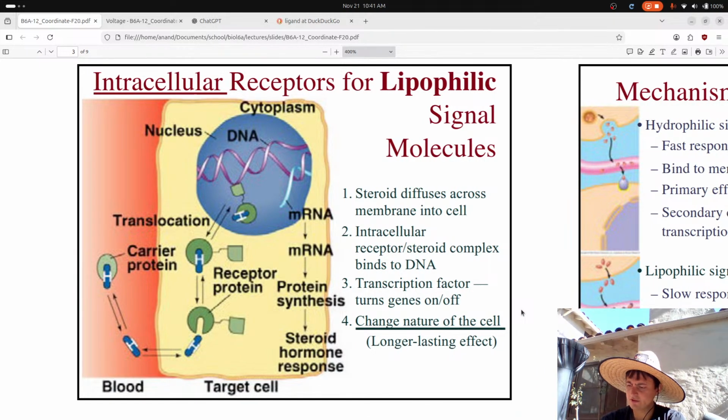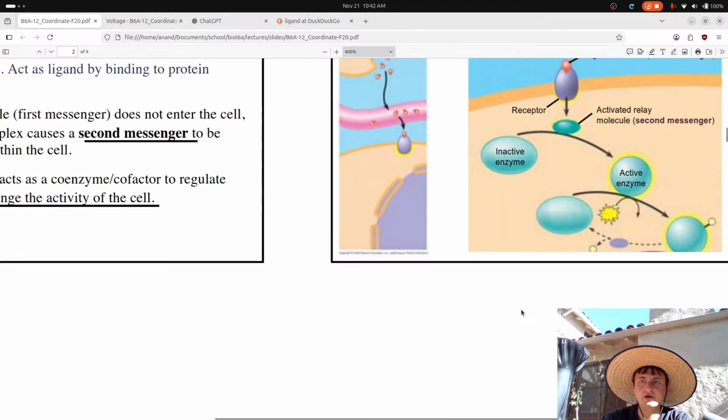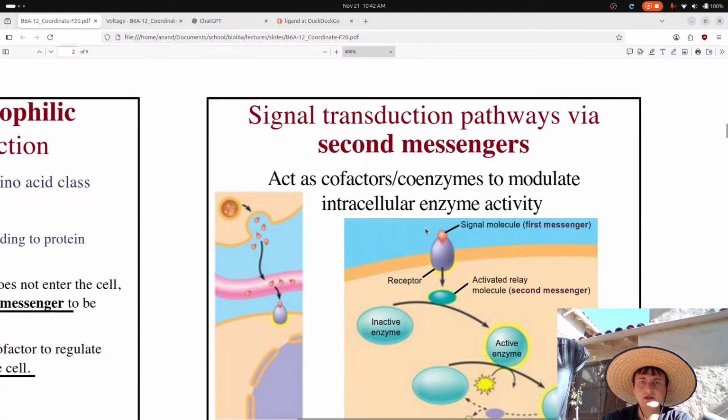Okay, so I guess what I'll just say of this is the lipophilic. So what's happening here though? This only modulates enzyme activity.